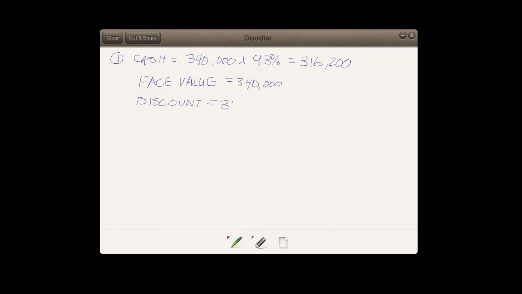So the face value is $340,000, and we subtract the amount that we received, $316,200. So we can determine that the discount is $23,800.